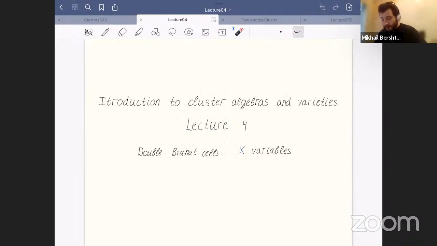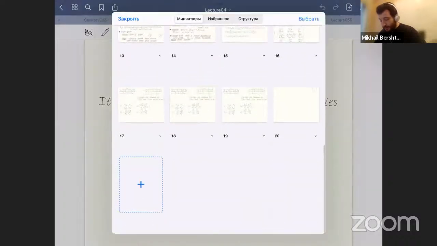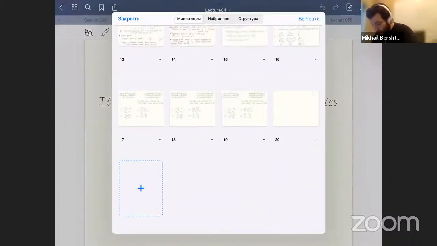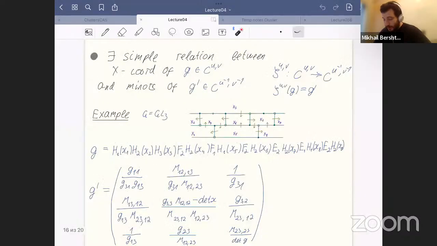So let me state the result. We have x coordinates on the double Bruhat cell, and we have also minors, which are A coordinates. And it appears there is a standard formula which relates A coordinates to x coordinates.